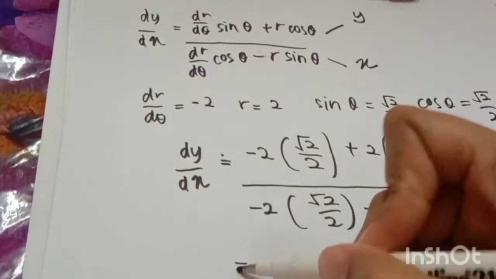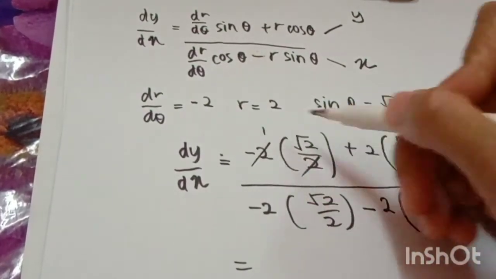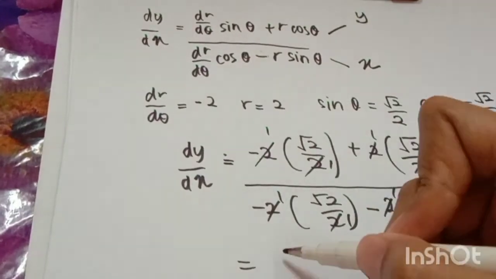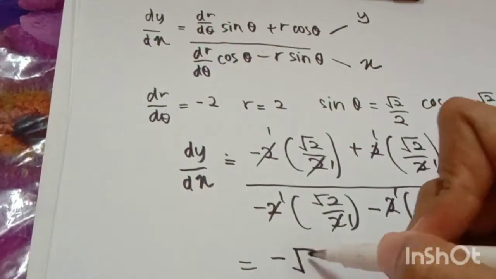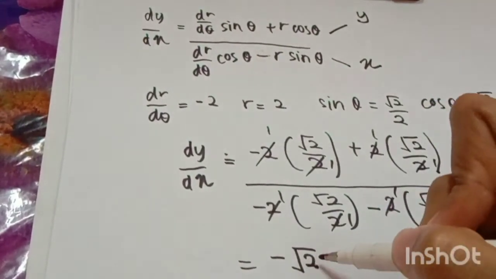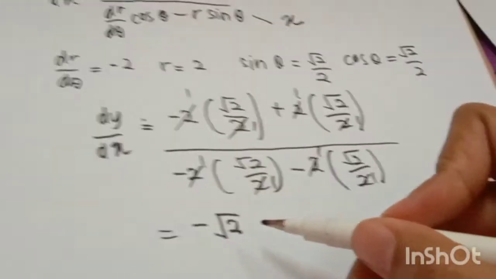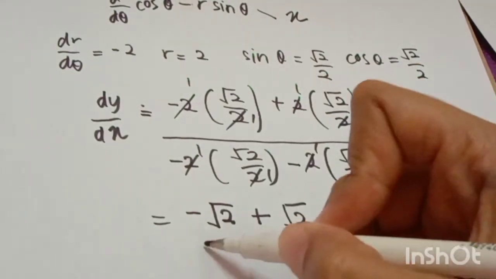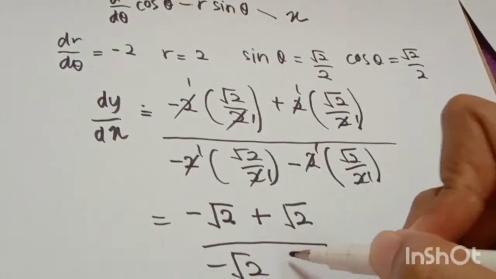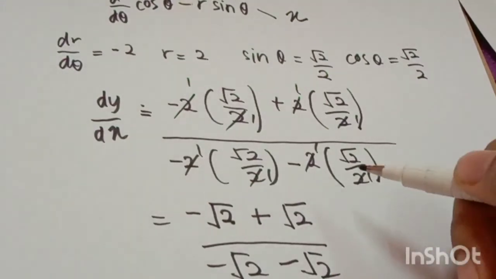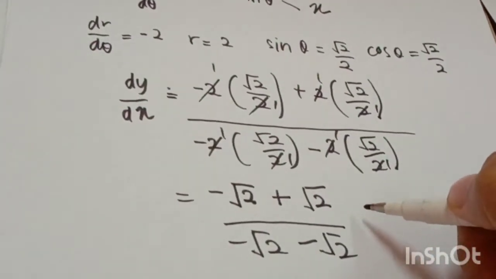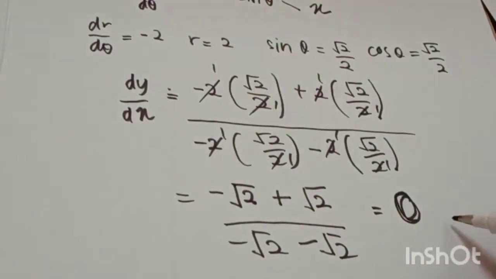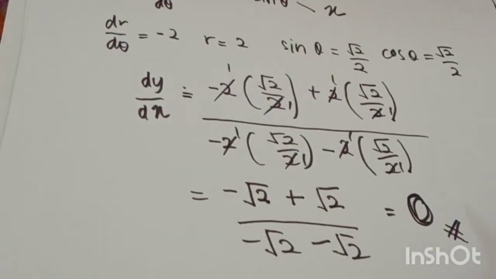So we simplify this. After we simplify, we get negative square root 2 plus square root 2 over negative square root 2 minus square root 2. We use a calculator to conclude the answer, and it is 0. So the gradient is 0.